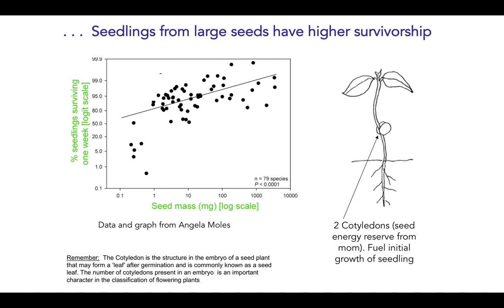So here's a case where allocation to seeds will decrease your growth rate, but seedlings with higher allocation and a greater seed mass will have a higher survivorship, right? And so this is the loving investment from mom. As moms invest more in seeds, seedlings utilize the resources to better eke out an existence in an environment where resources are limiting, so that they actually have higher survivorship.